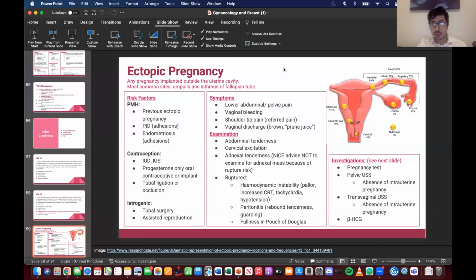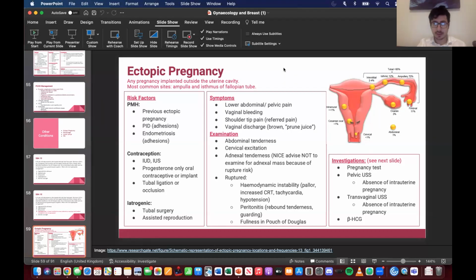When you do an examination, you can get cervical excitation by manual and adnexal tenderness, but ideally you'd not want to be feeling for the adnexa, because then you're risking rupture of the implanted fetus. When it does get ruptured, if it does, hemodynamic instability follows.